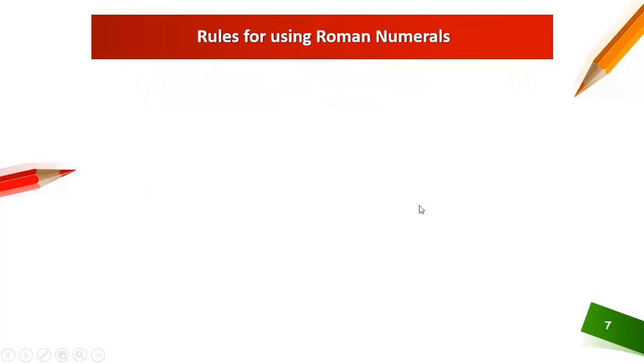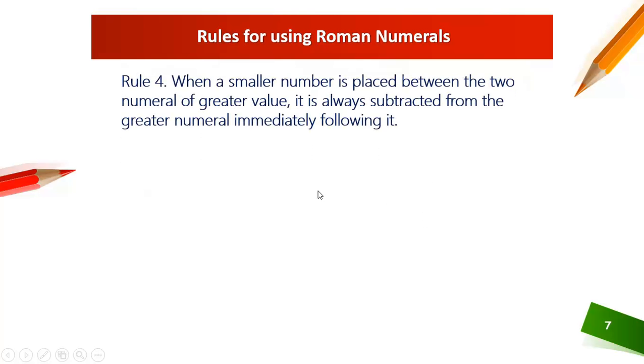Now, the next rule states, when a smaller number is placed between two numerals of greater value, it is always subtracted from the greater numeral immediately following it. For example, XIV.